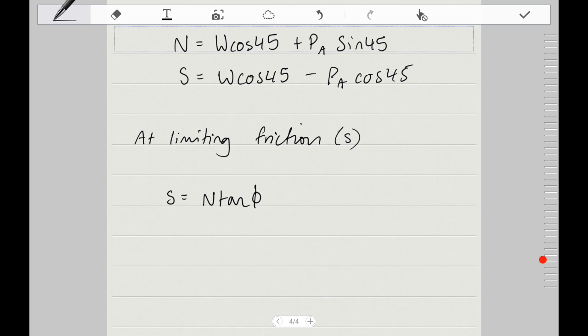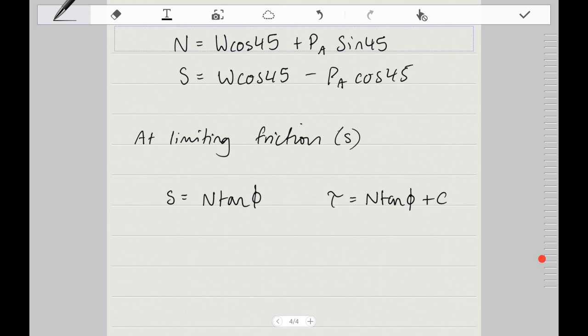That's basically Mohr-Coulomb failure criteria. It's usually in the form of tau equals N tan phi plus C. Now, we haven't been given cohesion, so we've assumed for this question it's cohesionless.